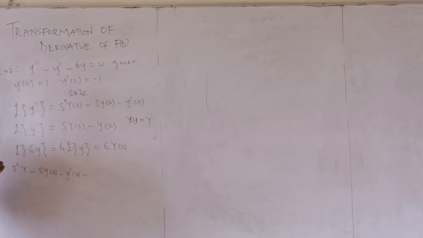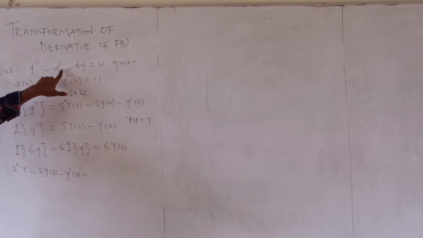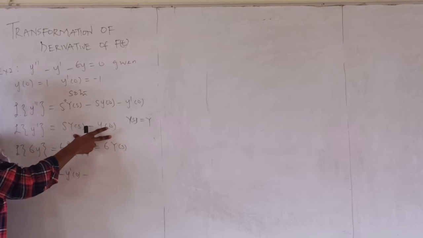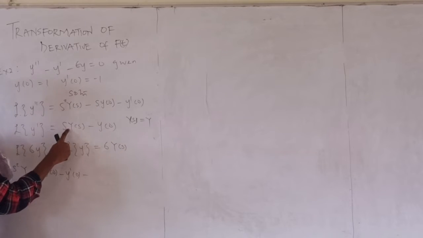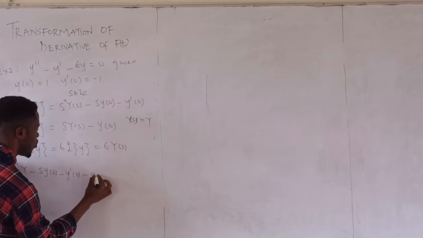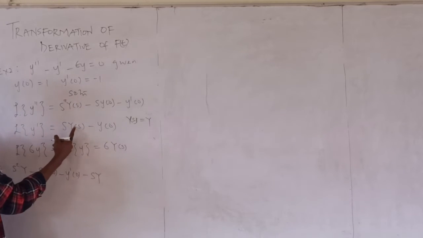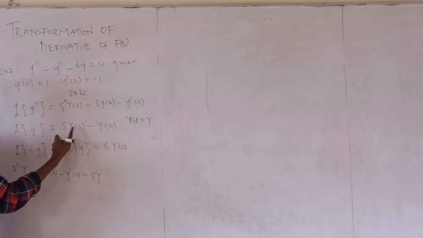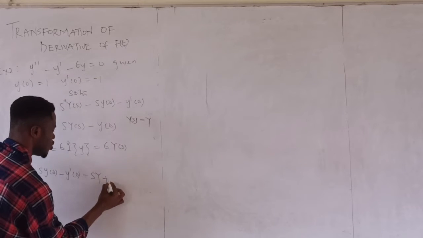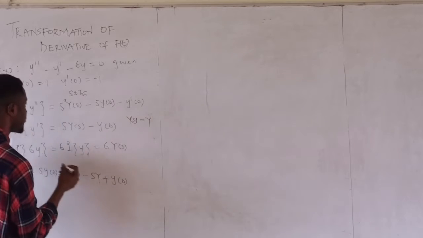But remember that there was a negative multiplying the y prime. So that negative will multiply these functions, right? So minus s of this gives me minus s of y, because I say let y of s equals y. So I have minus s of y. Now minus into minus gives me plus. So I have plus y of 0.